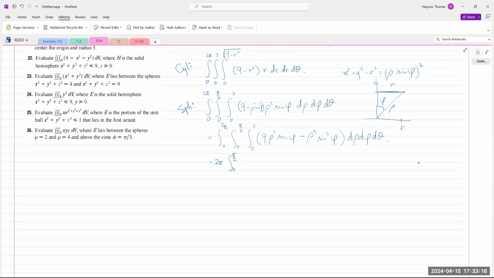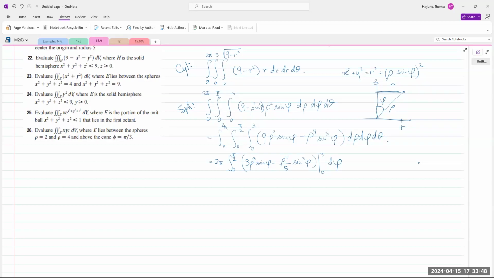And then 1/3 rho cubed sine phi minus 1 rho to the 5th over 5 sine cubed phi, from 0 to 3, d phi.